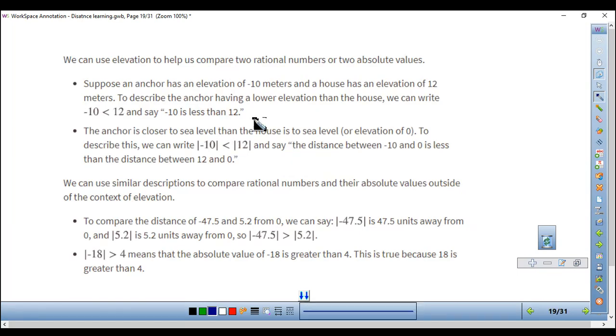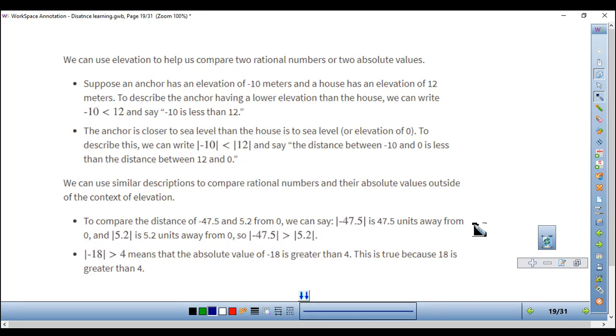This is just the summary showing that we can use elevation to help us compare two rational numbers or two absolute values, which is similar to what I just did on the previous page. You can compare distances and absolute values because sometimes we're not really interested in whether it's positive or negative. It's less important than the actual value of it. So below sea level and above sea level could be a good example of that.